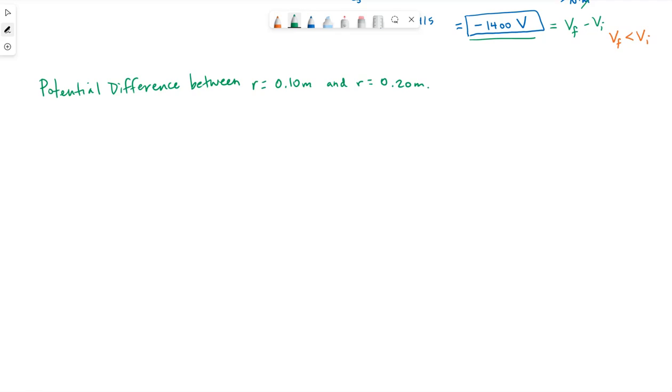Now, as a reminder, in the problem we just solved, the conductor itself had a radius of 0.3 meters.